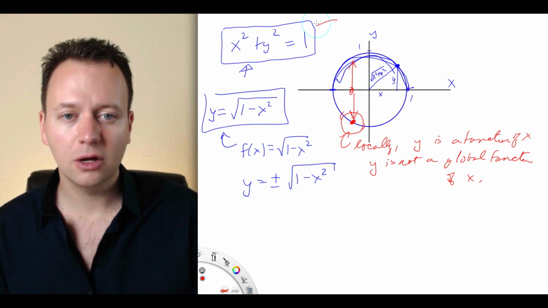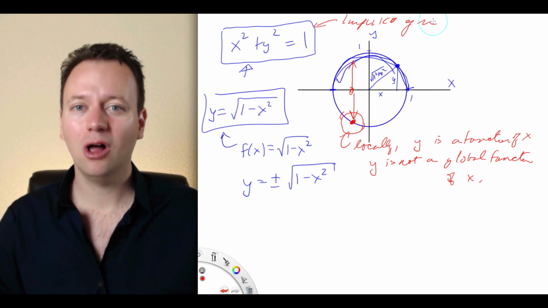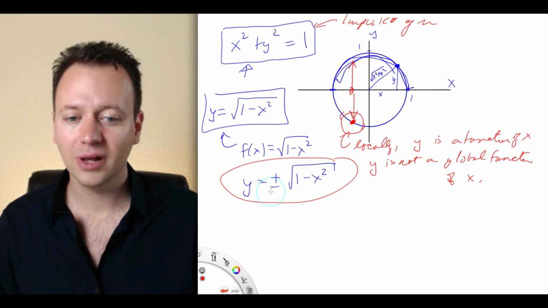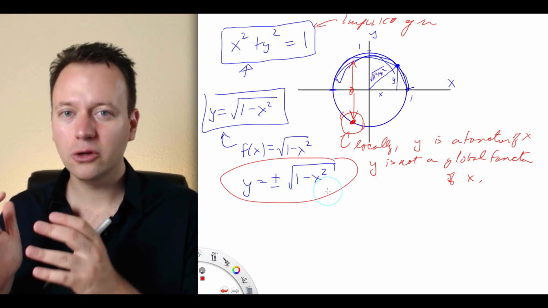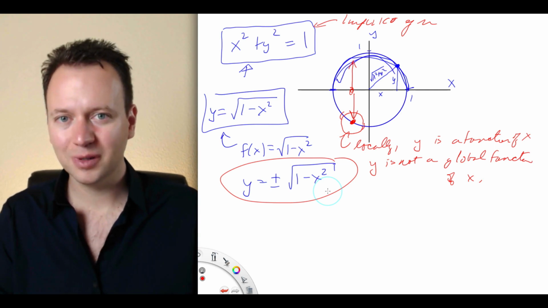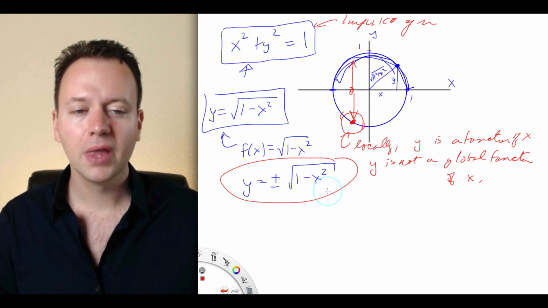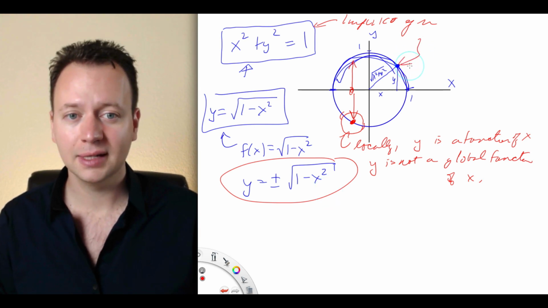The implicit equation cannot uniquely be solved for one variable in terms of the other. See, when we try to do that, we get y equals plus or minus the square root of 1 minus x squared. So y cannot uniquely be expressed as an explicit function of x. So that's why this is an implicit equation. So the circle becomes just a graph of an implicit equation.